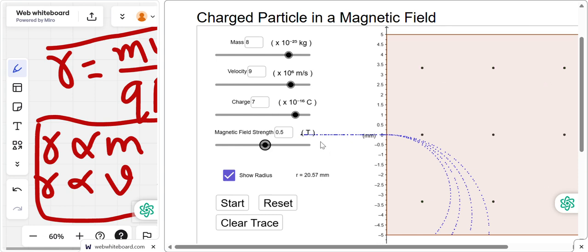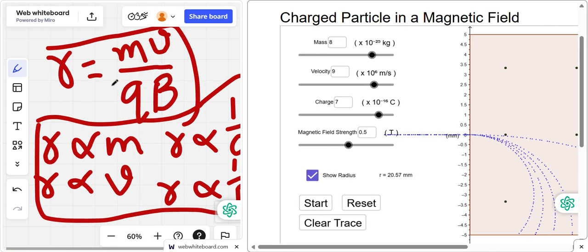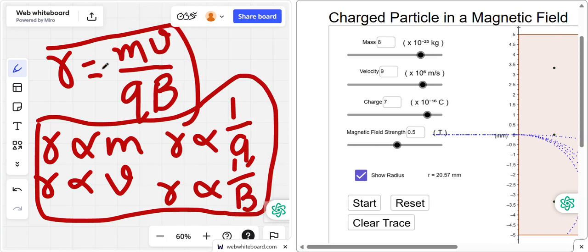Then what should happen? The radius should increase. This was our previous path, this one. Now the radius should increase. Let's see. Obviously the radius has increased, look here, because we have decreased the magnetic field. So this relation has been verified.